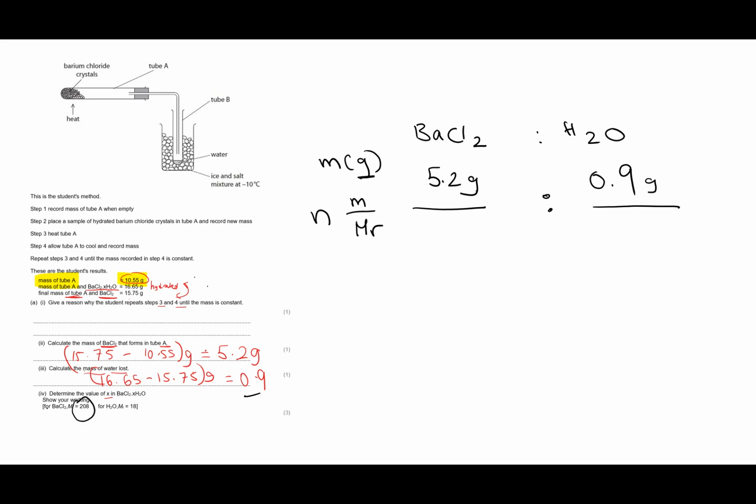Here the question gave us that the MR is 208 grams per mole. And then for H2O, the MR is 18 grams per mole. It's also given, and we should remember it by now. Now you divide, and then you get your values in order to get your simplified ratio.